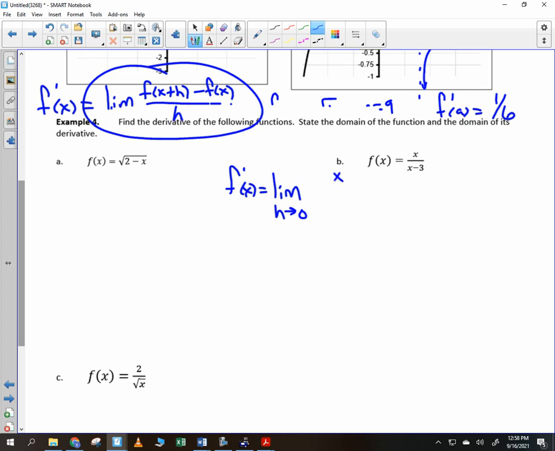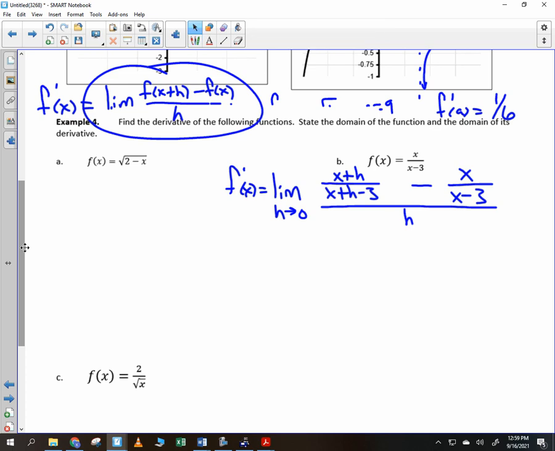So I have x plus h over x plus h minus 3, minus what? X over x minus 3, all over h. If I plugged in 0 for h right now, what would I get? 0 over 0. So I have to try to remove the h.